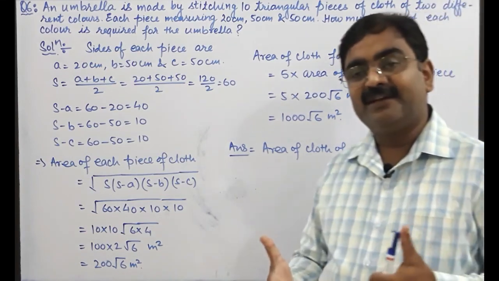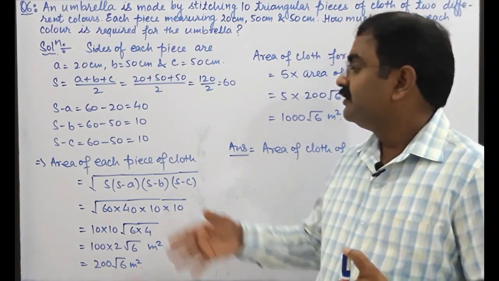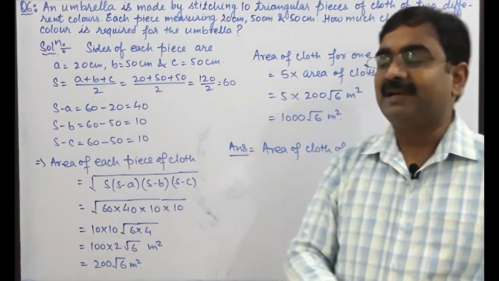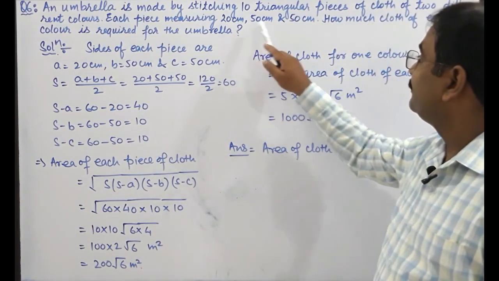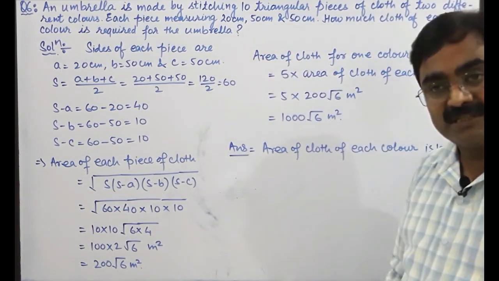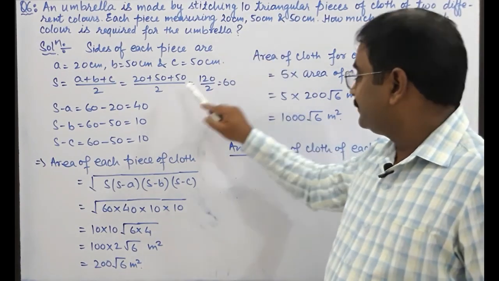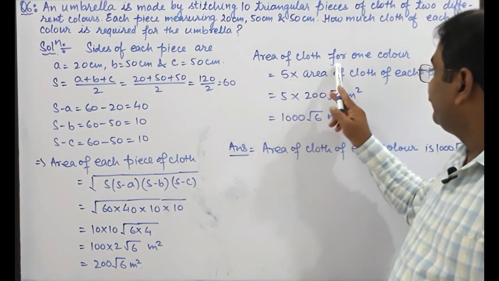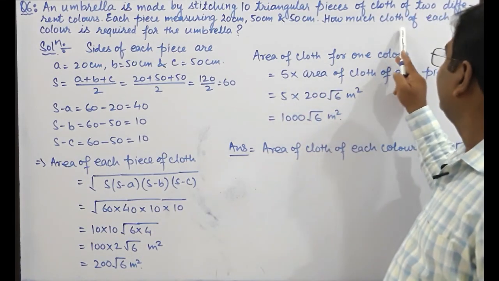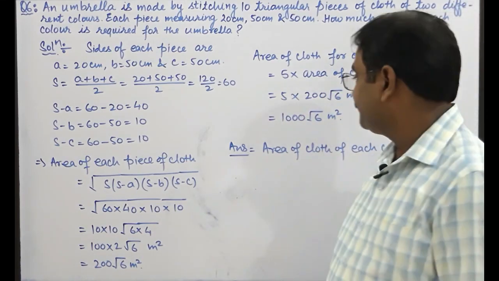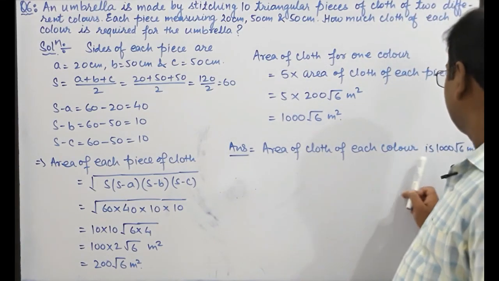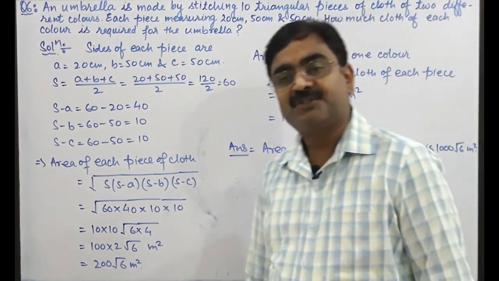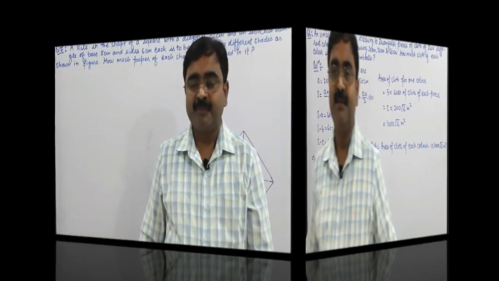So to find the area of 5 pieces of this cloth, we need the area of each cloth, and the size of each triangular piece is given. With the help of this we got the area of one piece, multiplied it by 5, we will get the area of cloth for each color, that is equal to 1000 under root 6 meter square.